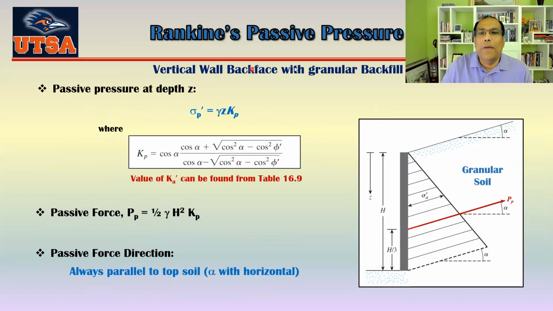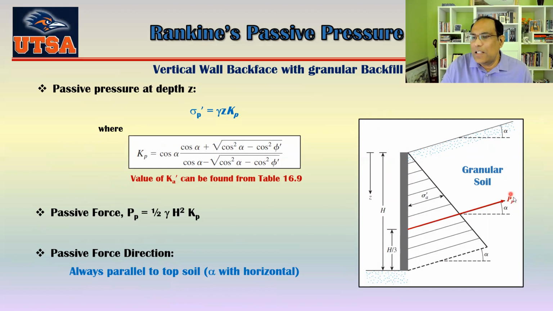Now, vertical wall backface with granular backfill. We are talking now about the passive pressure. So this is your vertical wall, and this is a granular soil. This one has alpha here.